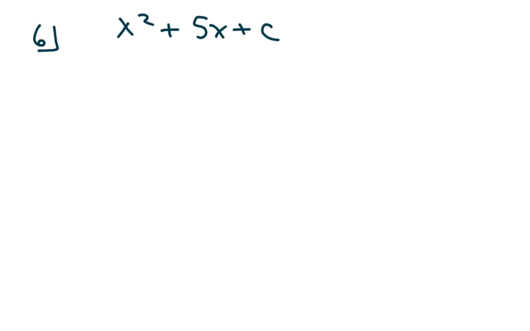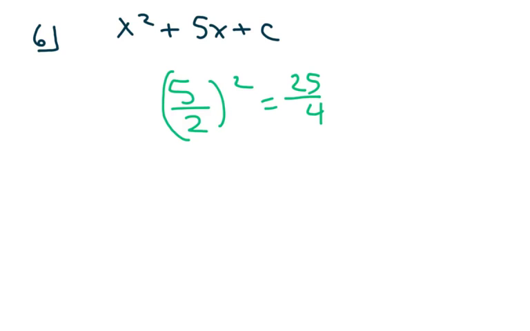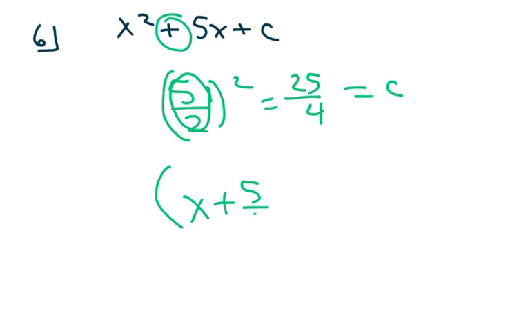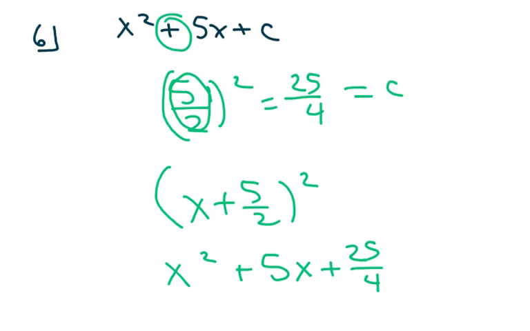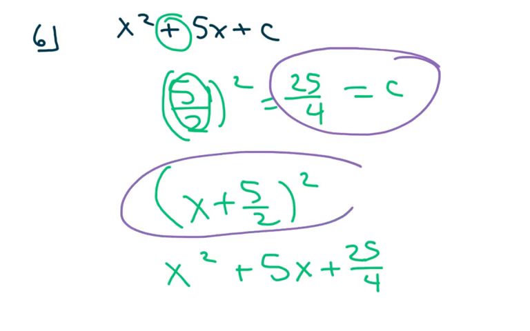Next one, we're going to take half of 5 and square it, which is 25 over 4. So that is c. And then we're just going to write x plus this part, 5/2 squared. And that should equal x squared plus 5x plus 25 over 4. But this is the part that they're asking for, these two parts right here.